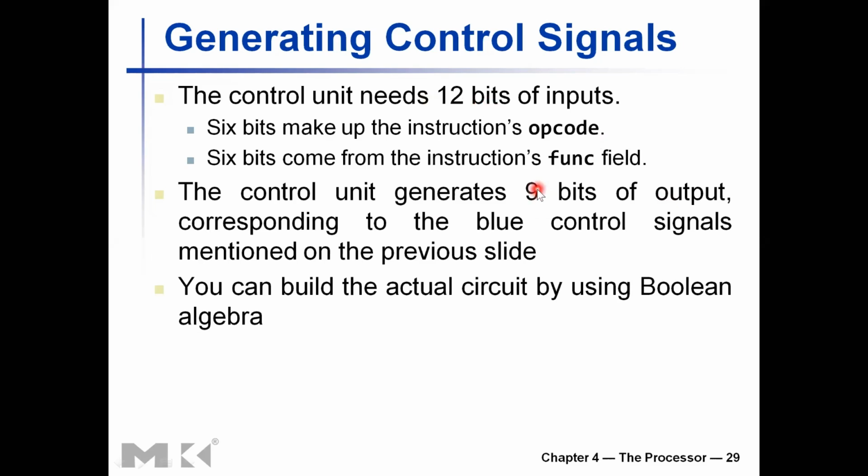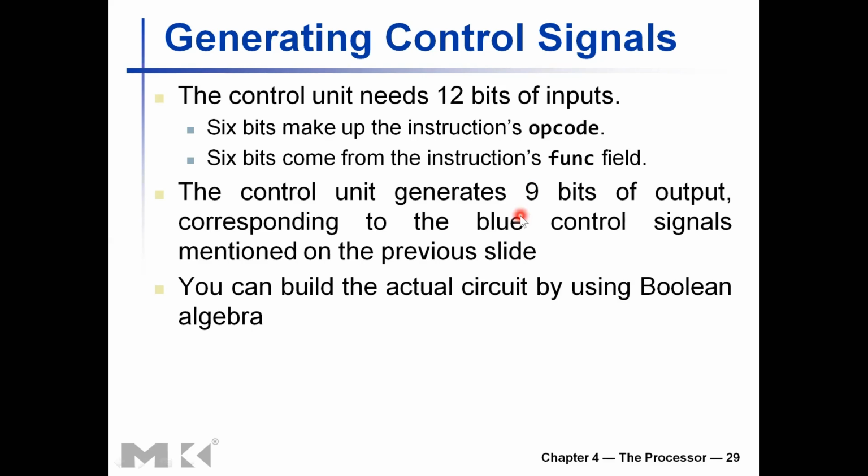So you can draw a characteristic table and use the standard methods that you have learned in CU221 digital design to derive Boolean functions for these 9 bits of output and come up with circuitry to do this, which you will have to do for your own processor design in lab 5.